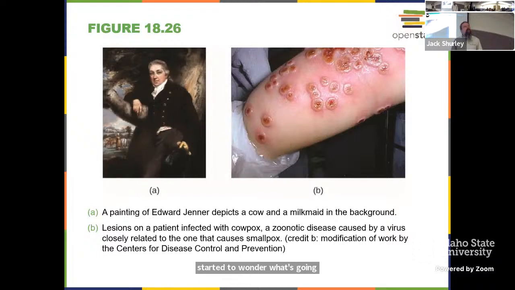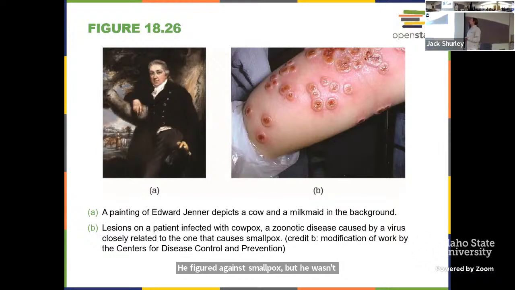He recognized that those ladies got a different pox-like infection, the cowpox. They picked that up from being in close contact with the cattle, and the infection with cowpox, which was definitely more mild, obviously conferred some protection, he figured, against smallpox, but he wasn't sure, all right?